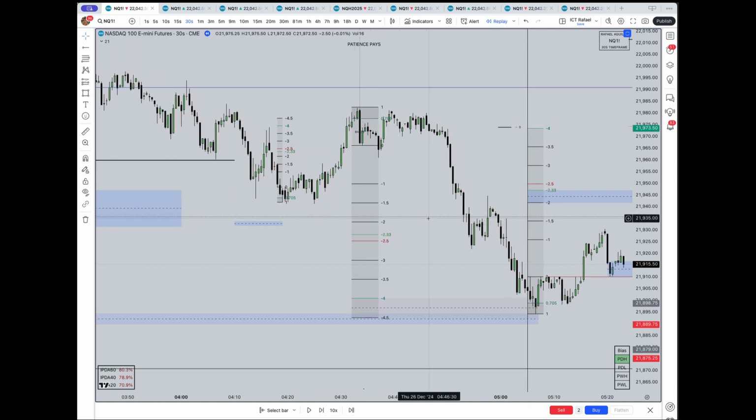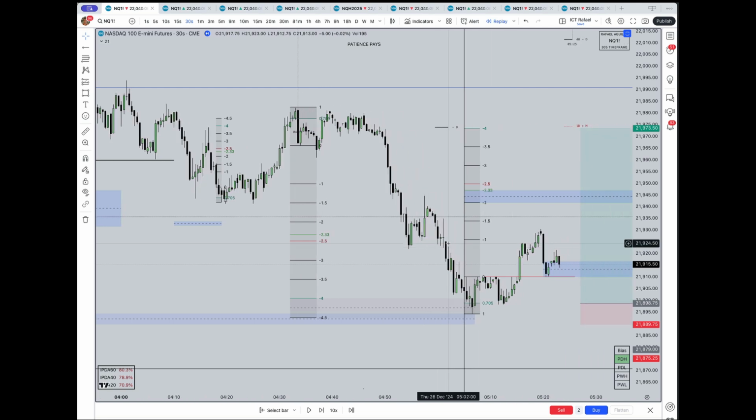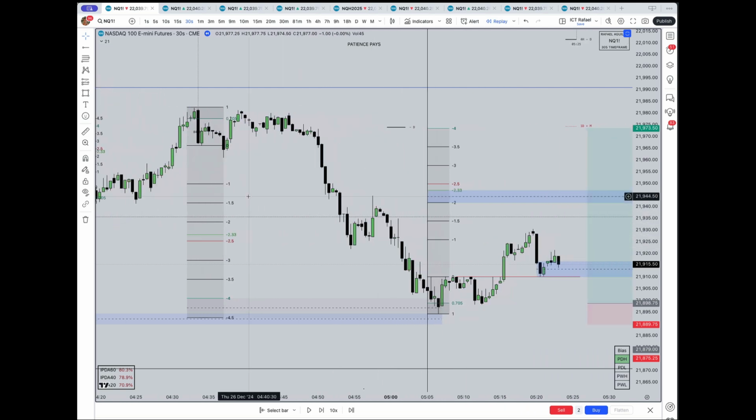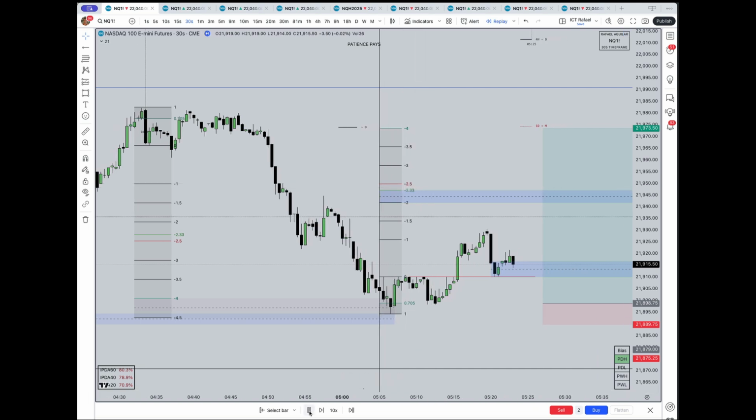Another thing, every time between 2 and 2.33 to 2.5, a breaker or an order block will be formed. Always a breaker at 2.5, that'll be in the future.